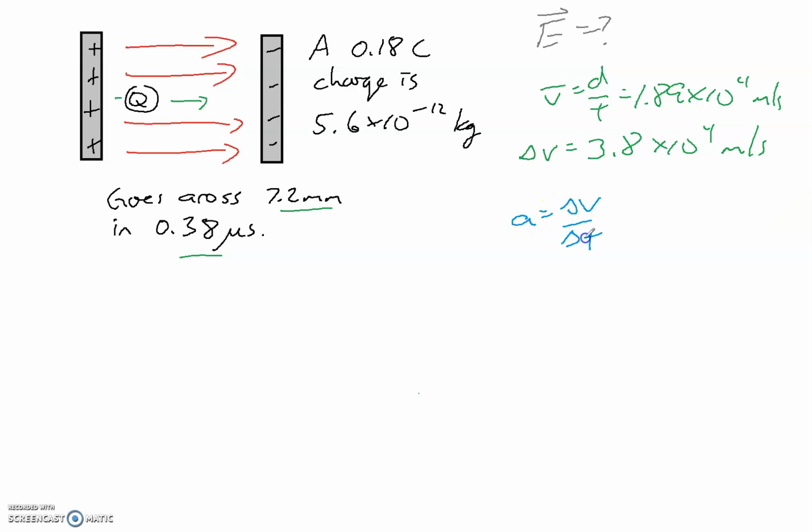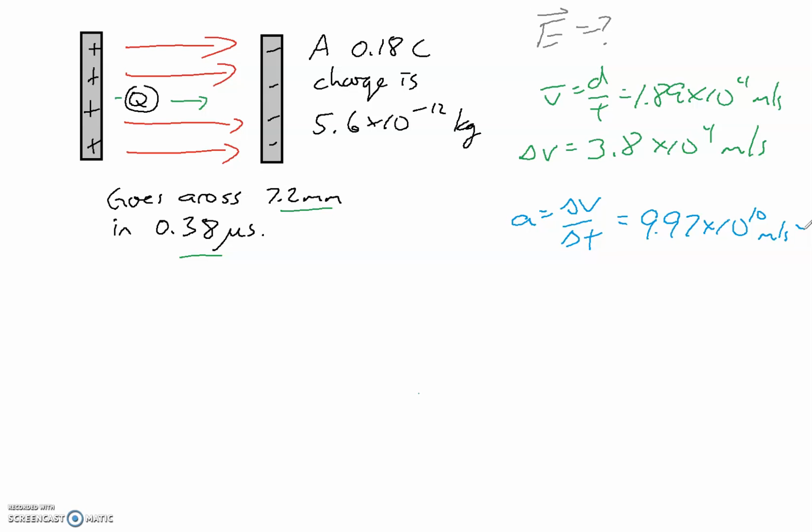We have our change in V, we have our change in T, so we can take our 3.8 times 10 to the 4, and divide that by the T that we have from the beginning, and we can get an acceleration of around 9.97 times 10 to the 10 meters per second squared.